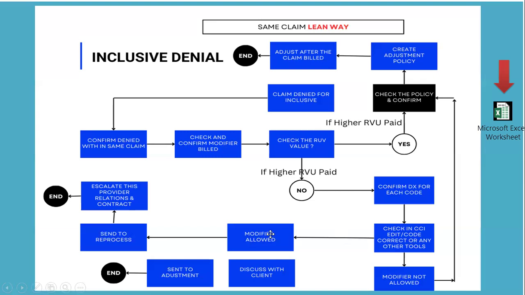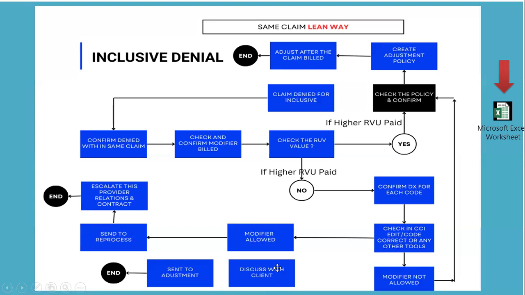If a modifier is allowed, then only does the process need to start. For example, I check that the modifier is allowed and I find a modifier already on the claim. In that case, send it back for reprocess and escalate to the provider relationship rep, saying that even after adding the modifier, my claims are continuously being denied. In that scenario, you escalate and complete it. You can also discuss this with your client, send it to adjustment, and close this deal, if the modifier is allowed and it is not paid by the insurance company.